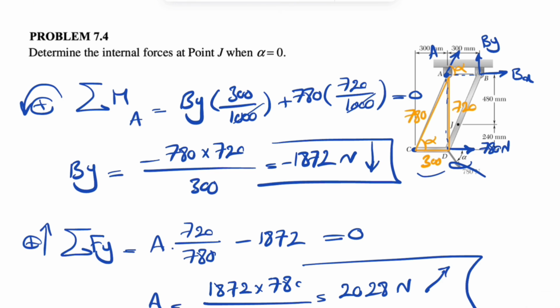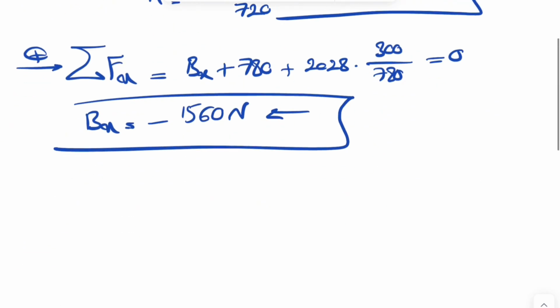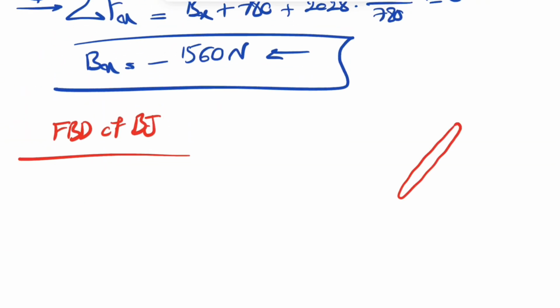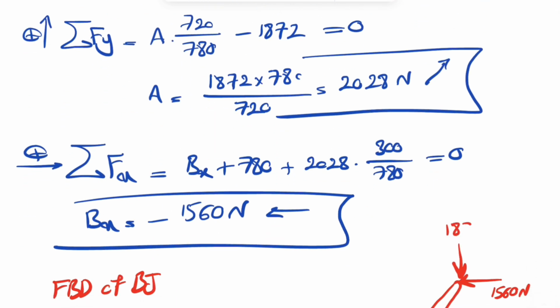If we pick this part of the member BD, we can find all the internal forces at point J. So we're going to draw the free body diagram of BJ. So this is our member, and the forces that we had were our Bx, which was 1560 newtons, and we found our By downward, 1872 newtons.